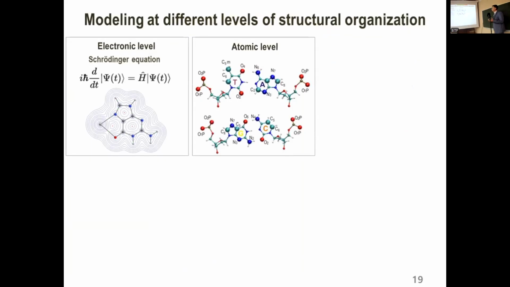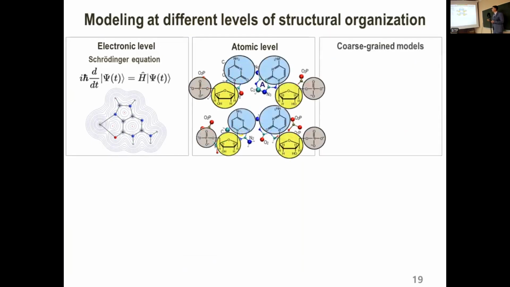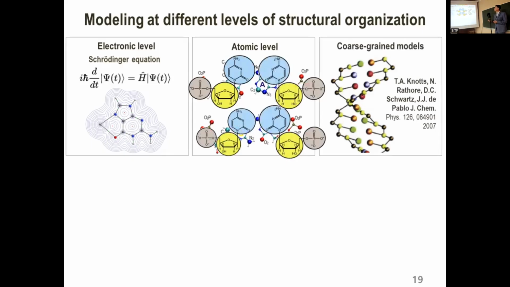At the atomistic level, as I described above, we solve equations of motion, and as well in the case of coarse-grained models, we also solve the equations of motion, but for the system describing the atomic groups as some masses, units interacting with each other, and as a result, we can have different models of the same molecule. And in this case, we need to find potentials.